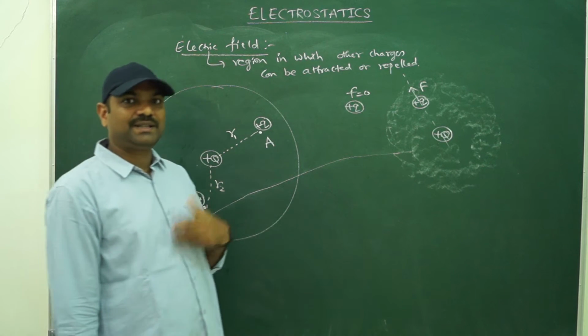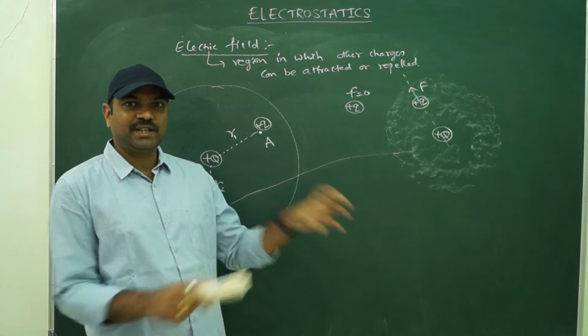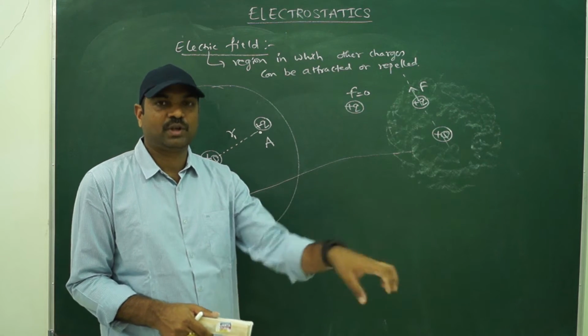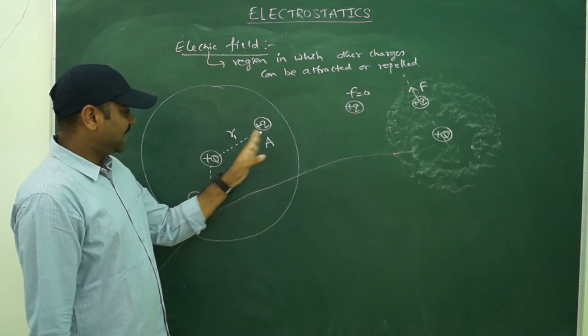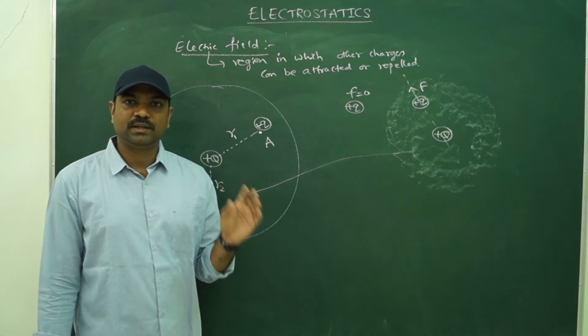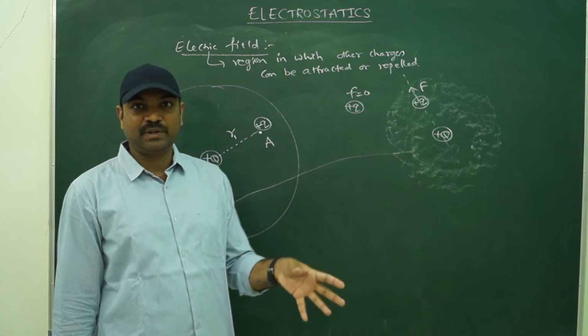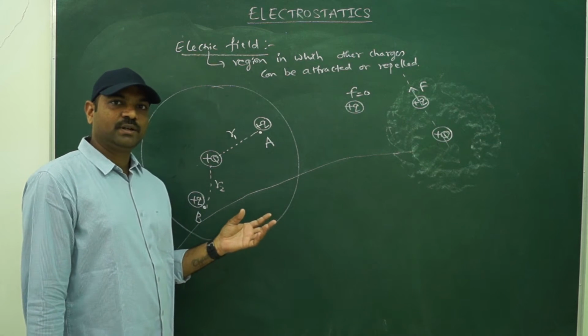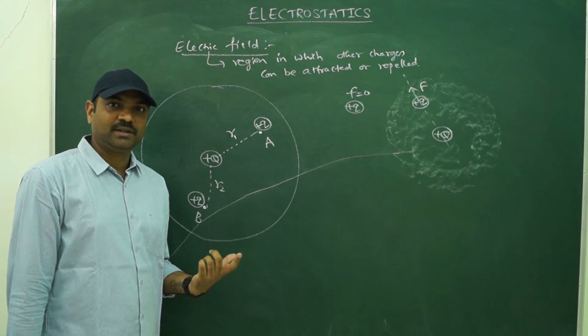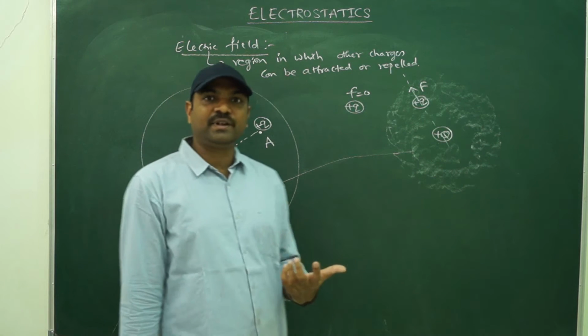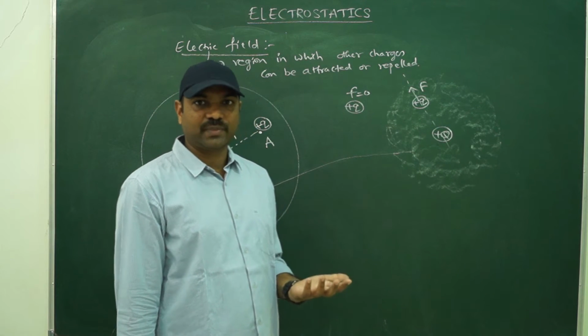Small q is our test charge, meaning we are testing everything by keeping the small q. At point A and point B, both places, that charge will experience a force. But what is the difference? There should be some difference between point A and point B, and we need to define or explain that difference.